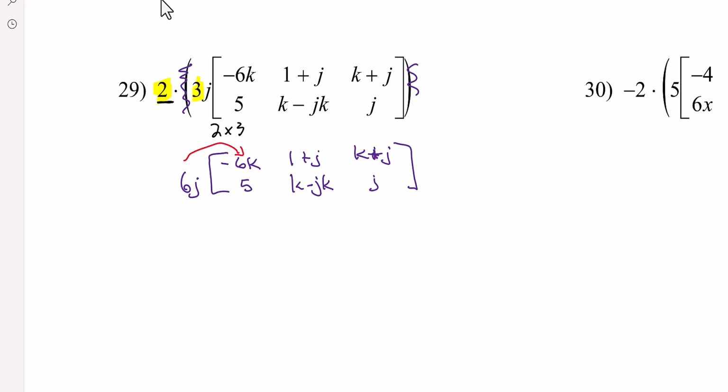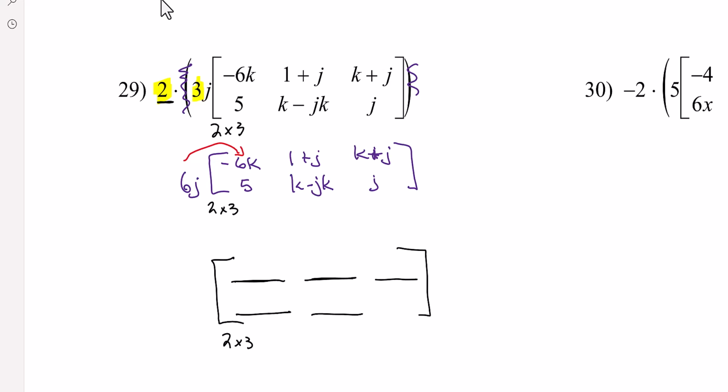Remember, if we've got a 2 by 3, and we're doing scalar multiplication, the answer will be a 2 by 3. But these spaces might be longer because you've got expressions up there. So 6j times negative 6k would be negative 36jk.